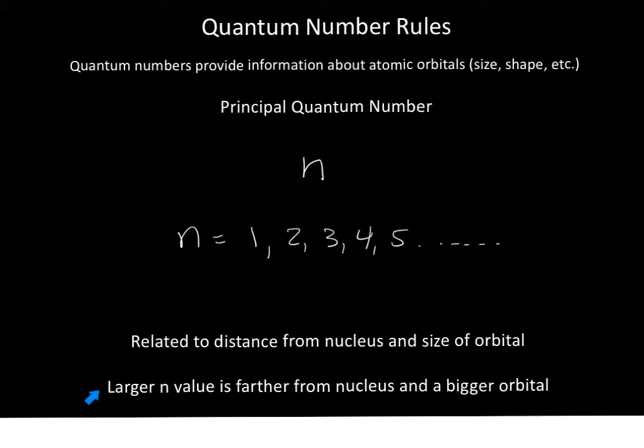The larger your n value, the farther away from the nucleus an electron in that orbital will be, and that atomic orbital will be bigger. But we're just going to focus on the rules here. So for n, you start with 1 and go up in integer values.